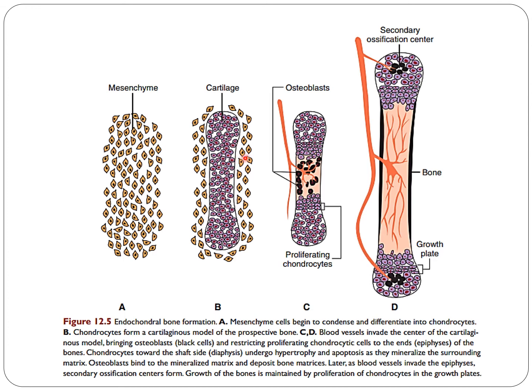Then the blood vessels will invade this cartilaginous model, and the chondrocytes will proliferate more and more, and osteoblasts are forming in the middle. Then as the blood vessel moves more and more, blood supply is increasing, and the osteoblasts develop the bone from the center, and the cartilage will move toward the periphery or the end of the bone.